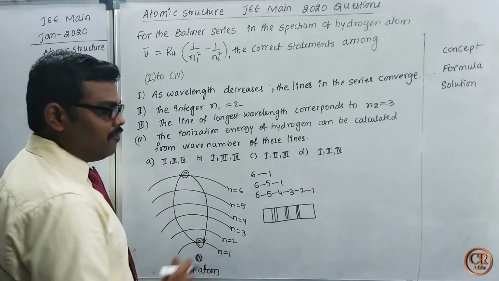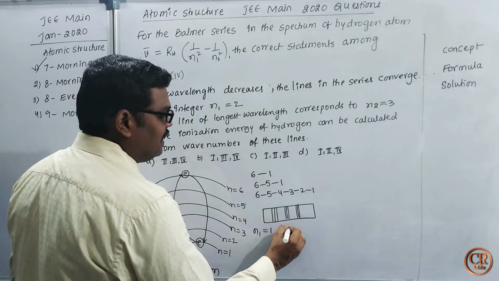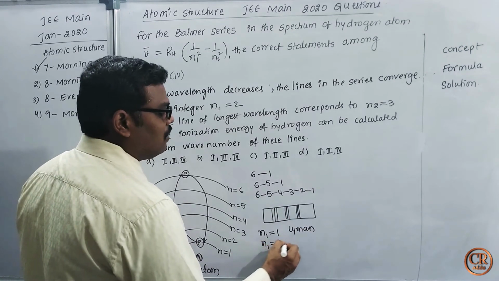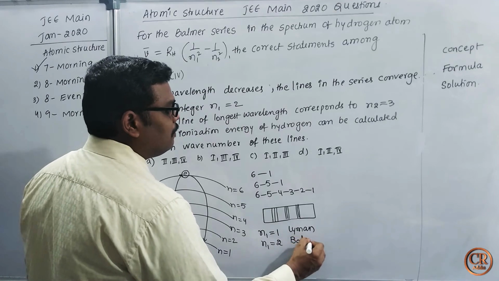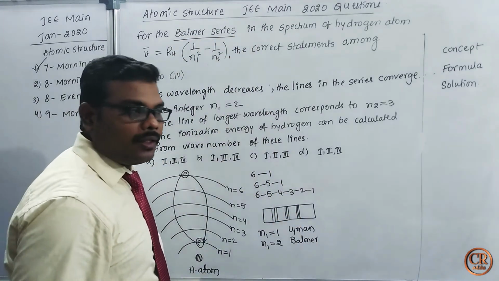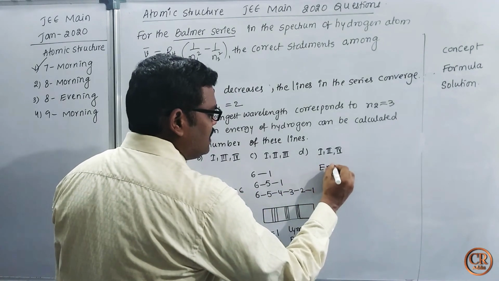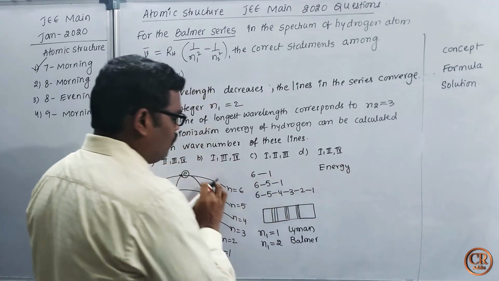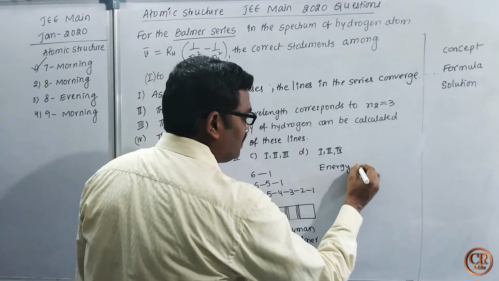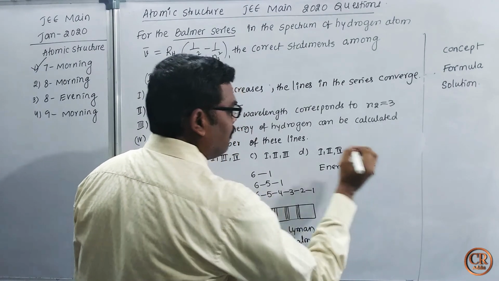based on the N1 value. If N1 value is 1, then the series is called the Lyman series. If N1 is equal to 2, the series is Balmer. We require only the Balmer series, so we can stop here. Now, the energy of any photon emitted during de-excitation of the electron is equal to hc by lambda.